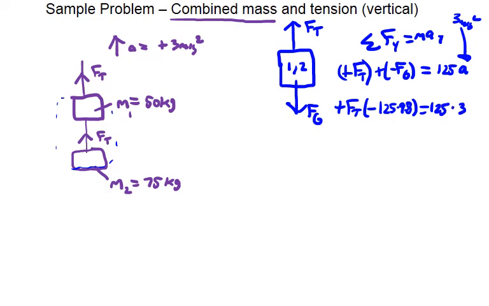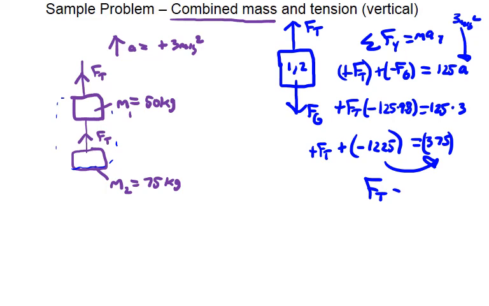And 125 times 3 is 375. 125 times 9.8 is 1225. And we can bring that over. So the force of tension on that top one is 1600 newtons.